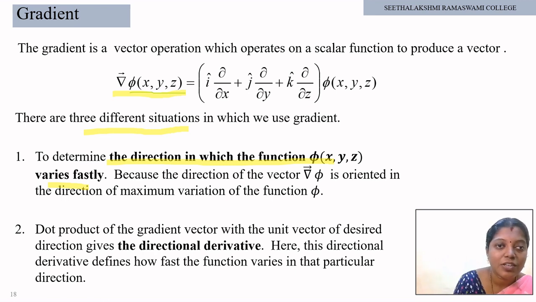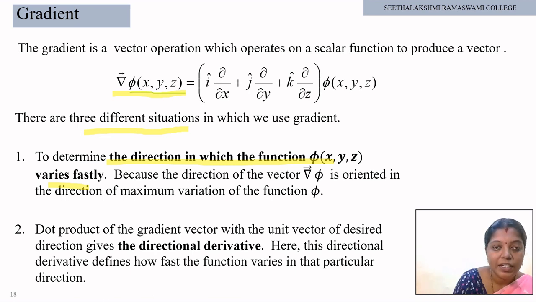This directional derivative helps you understand how fast phi is varying in that particular direction. So if you want to find the variation in a particular direction, then also the gradient is useful.